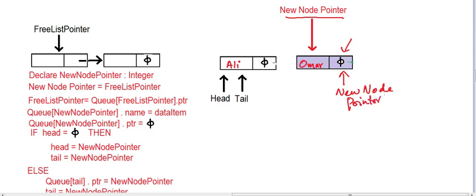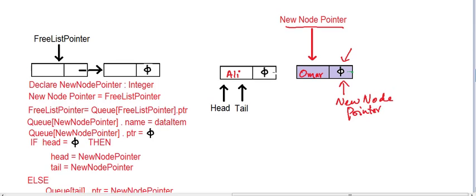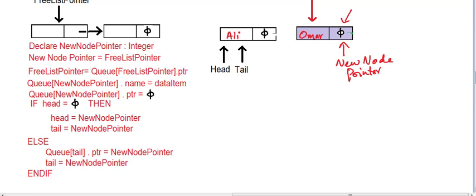I need to scroll this, so let me just scroll now. Okay, so this is the new node that has to be added to our queue. And this time we can see that we already have an existing queue. The head pointer is not null, it's pointing towards something. So how do we add this node?